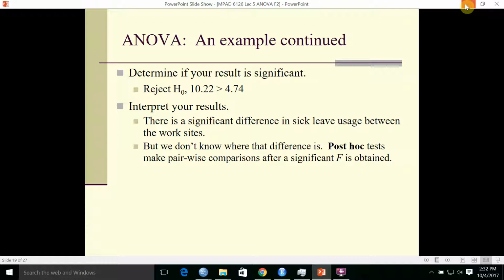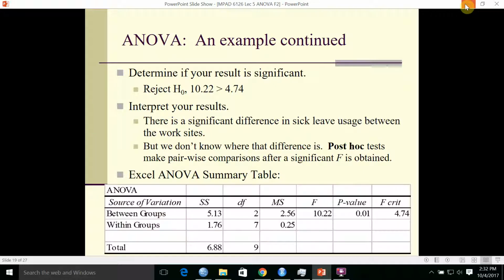So we would need to do what is called a post hoc test to make pairwise comparisons after we have a significant F-test. If the F isn't significant, then there's really no reason to do a post hoc test, because we know that there shouldn't be any significant difference anywhere between the variables.